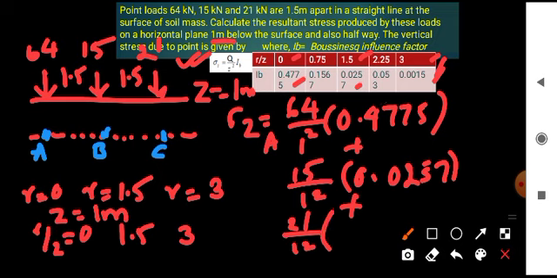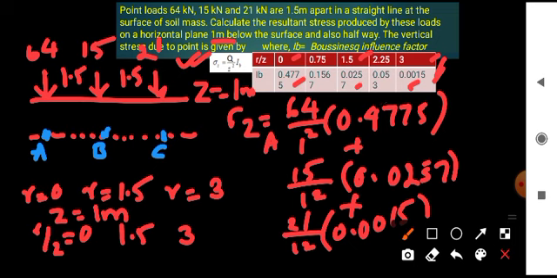the r by z value is 3 here. So this value 0.0015 we have to refer. If we solve this one using the calculator, we will get the value as 30.98.